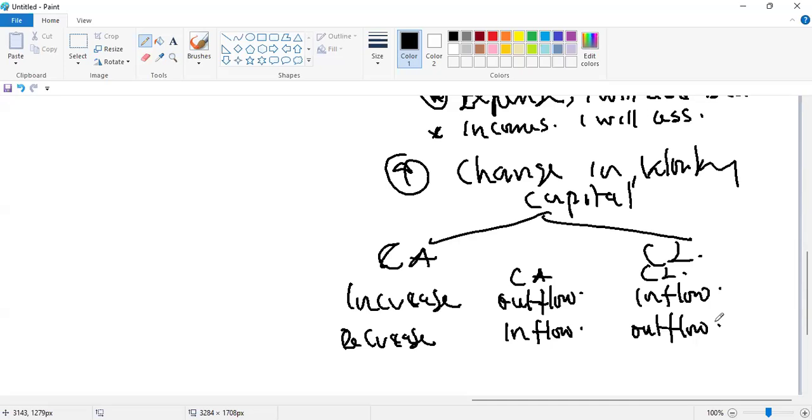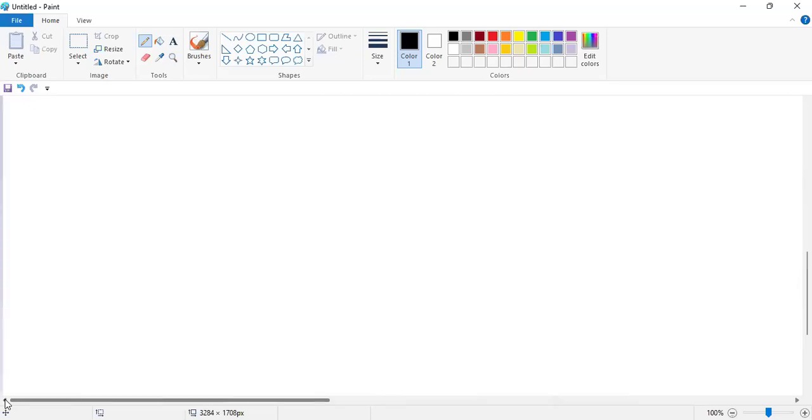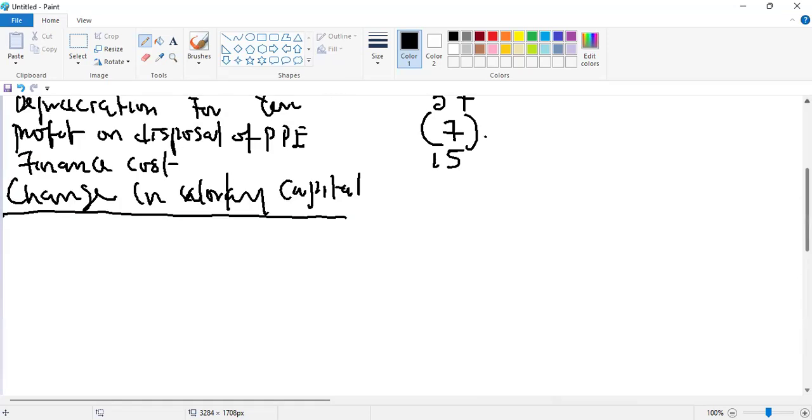Let's take them one after the other. Inventory. I'll go to the current assets. Inventory at the beginning is 227, at the end is 360.